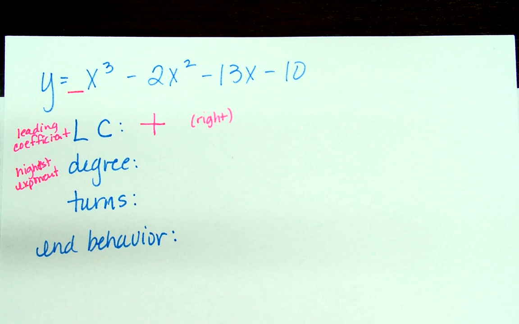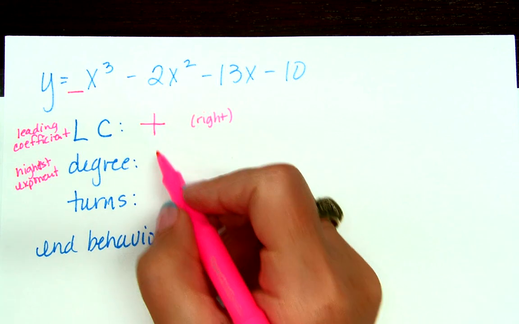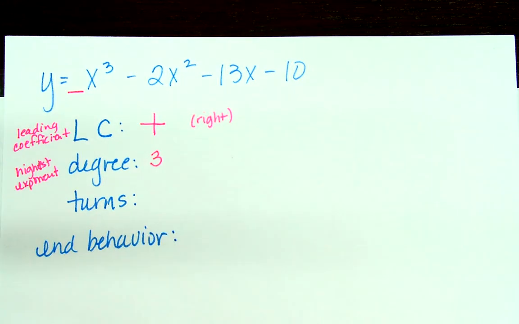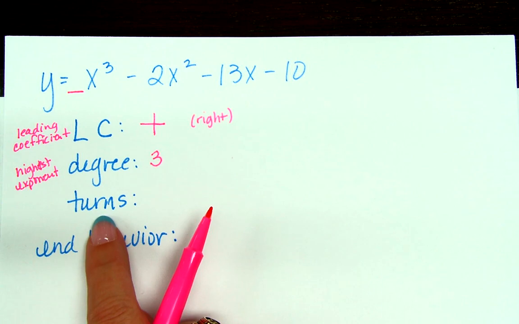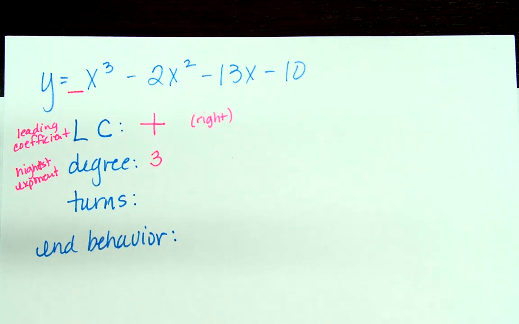But what if it's not in standard form? You have to make sure you're looking for the highest exponent, right? So what's the degree in this problem? 3. Now I need to know the number of turns in this graph. What do I mean by turns? When it changes direction, right?